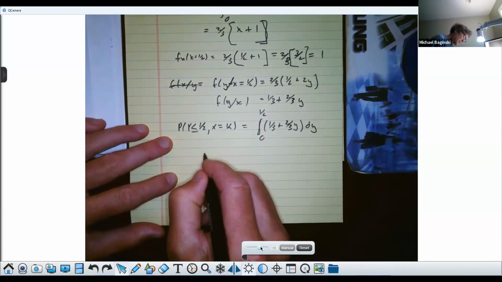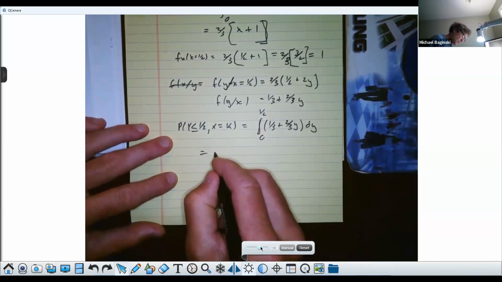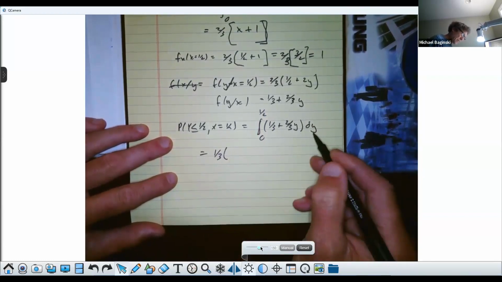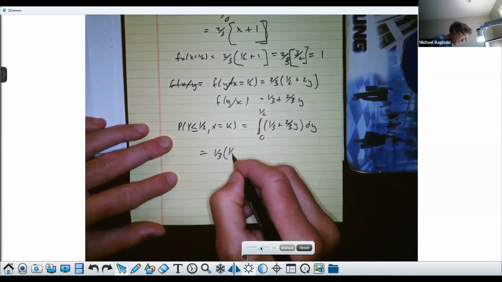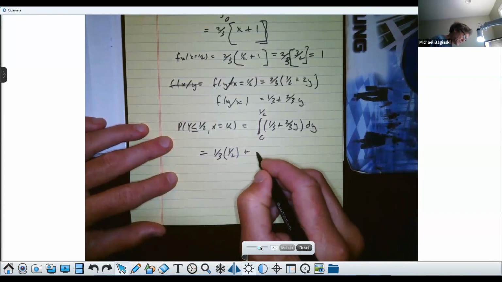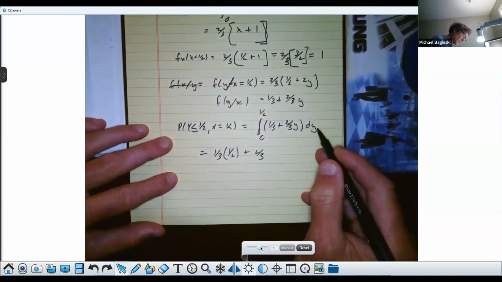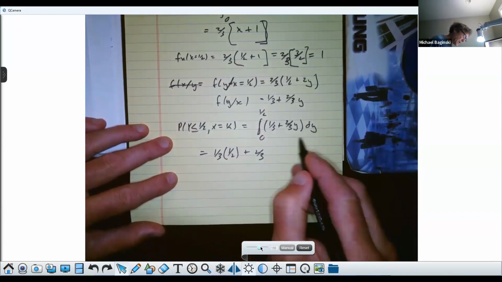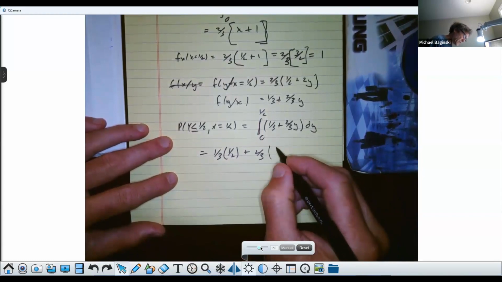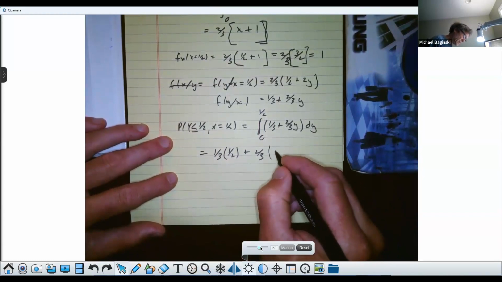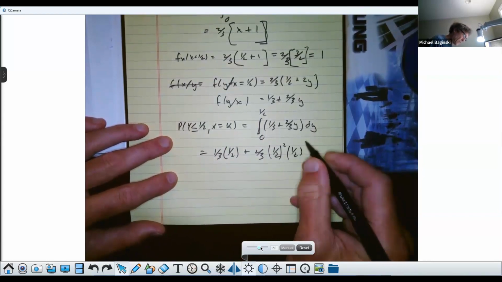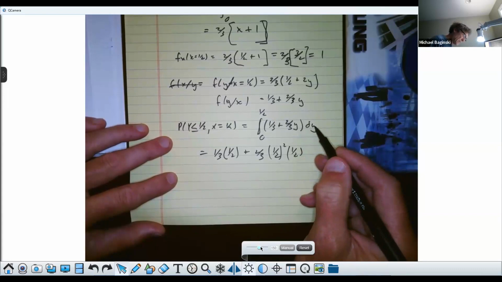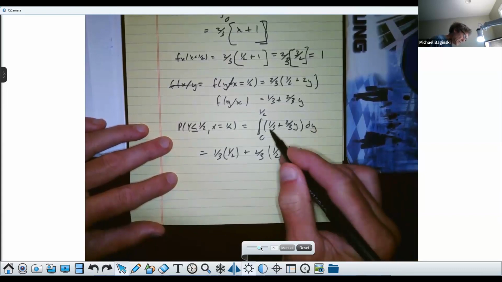That comes out to be 1/3, and the integral of dy times 1 is y from 0 to 1/2, which is 1/2, plus 2/3 times the integral of y dy, which is y squared over 2, with y going from 0 to 1/2.